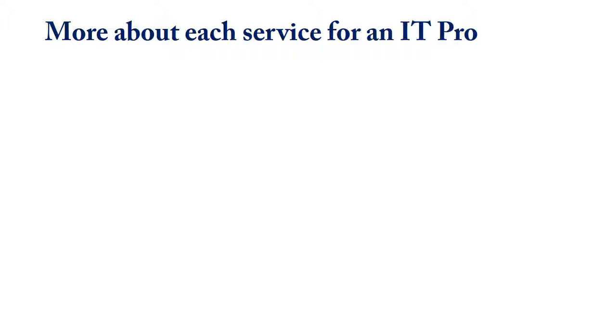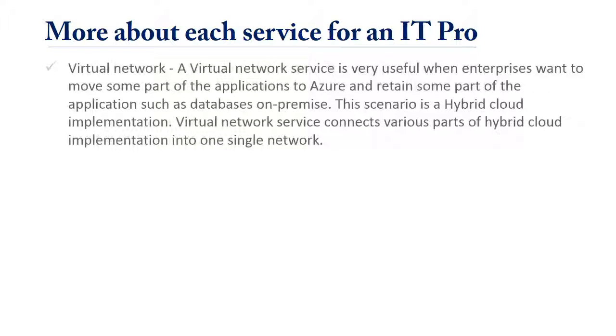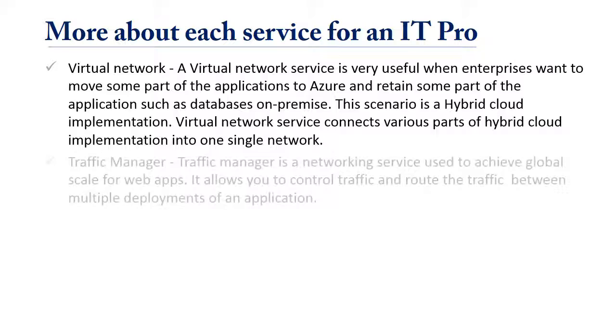So a little bit more about each service for an IT pro. Virtual network. A virtual network service is very useful when enterprises want to move some part of the applications to Azure and retain some part of the applications such as databases on-premise. This scenario is a hybrid cloud implementation. Virtual network service connects various parts of hybrid cloud implementation into a single network.